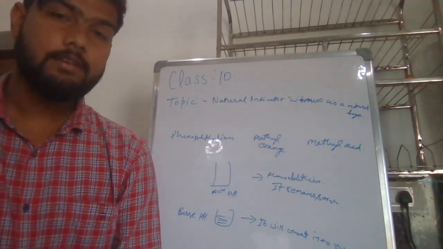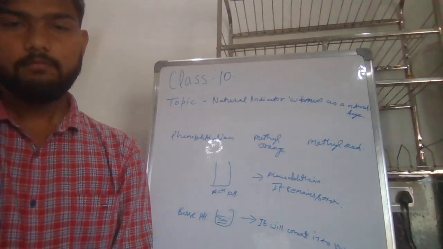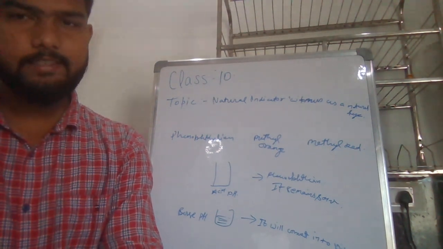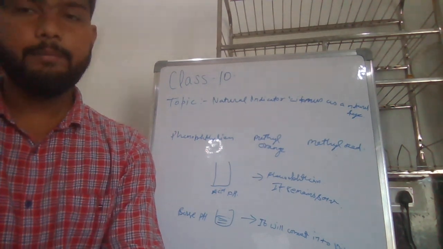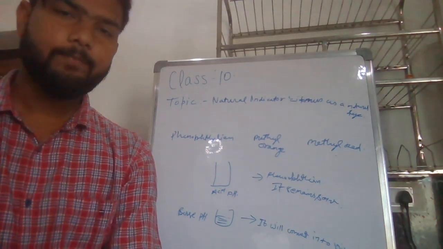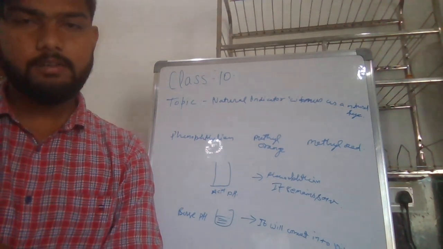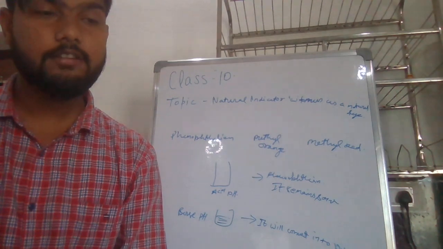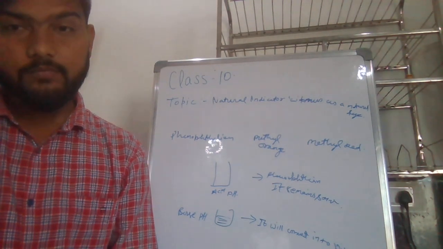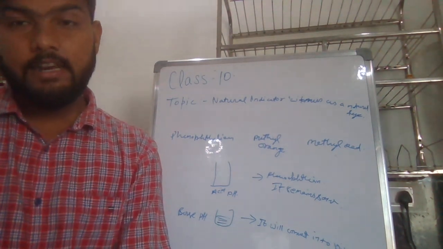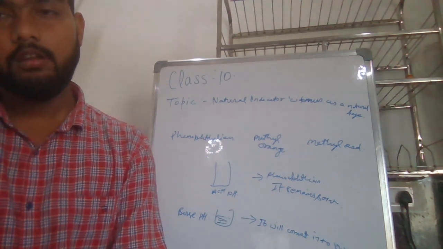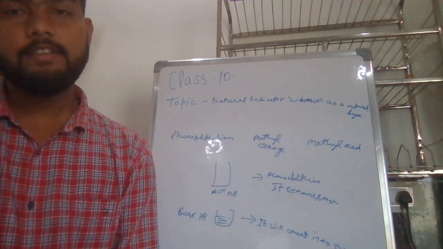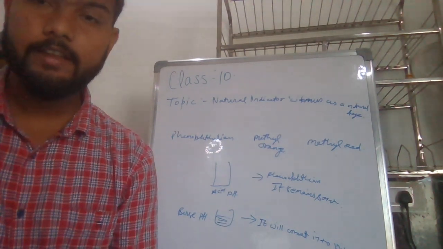Second, we discussed olfactory indicators, substances which change their smell when mixed with acid or base. After that we discussed synthetic indicators, which are indicators synthesized in the laboratory. Now I have homework for you: differentiate between natural and synthetic indicators.